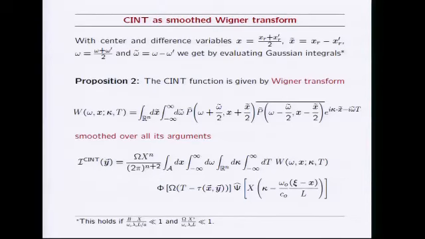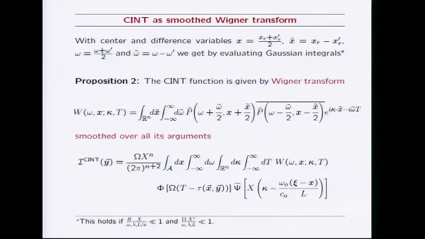Okay, so how do we analyze the imaging function? There is a very useful tool in this context, which is called the Wigner transform. It is a very useful tool for studying the wave field at high frequencies in random media. The Wigner transform is defined here.